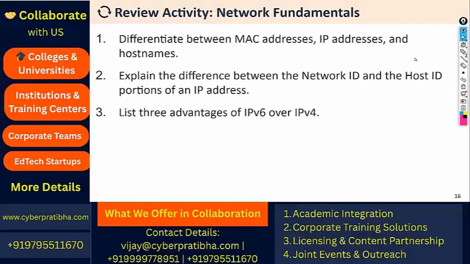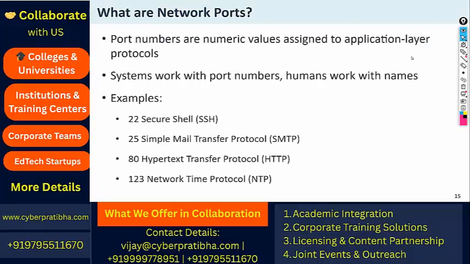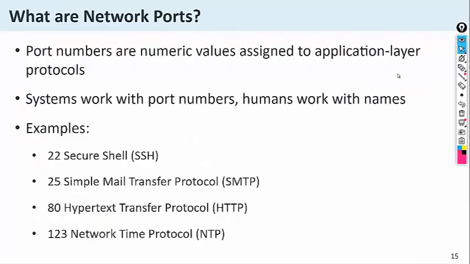So now one more question: there is one more identification of the computer. What is this identification? It is quite simple. For example, there is one computer and another computer, the server, and it is running two services.